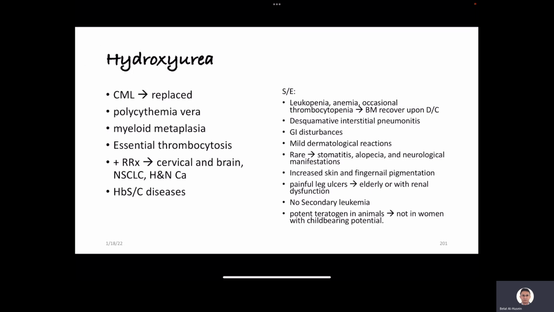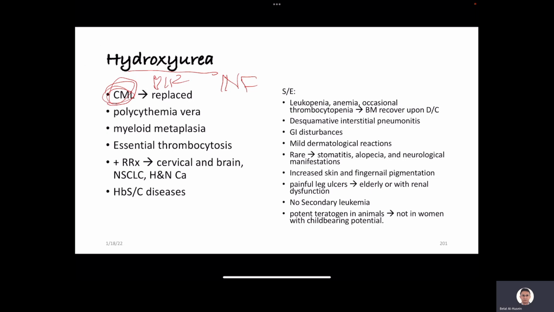As we mentioned, in CML, targeted therapy has replaced the use of hydroxyurea, even if the CML cells do not express BCR-ABL, which is the target of imatinib, the targeted therapy. We still use interferon for management of BCR-ABL negative or atypical CML.